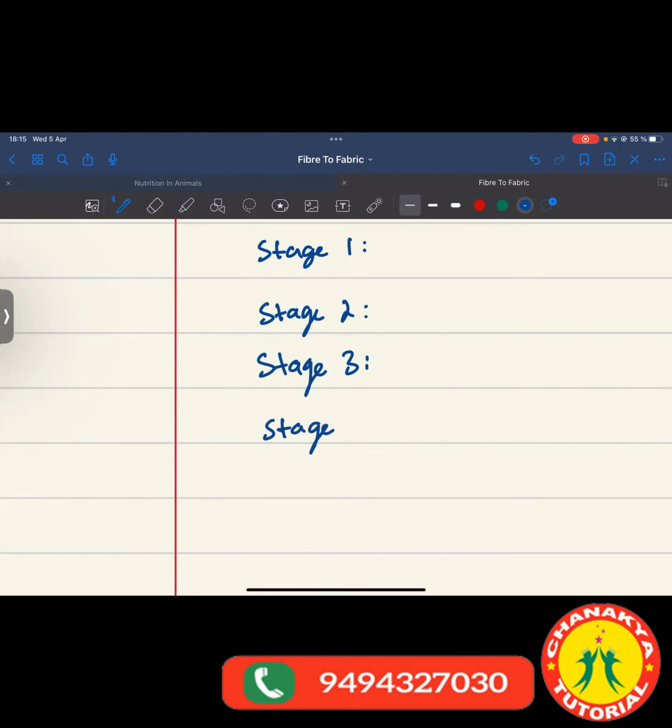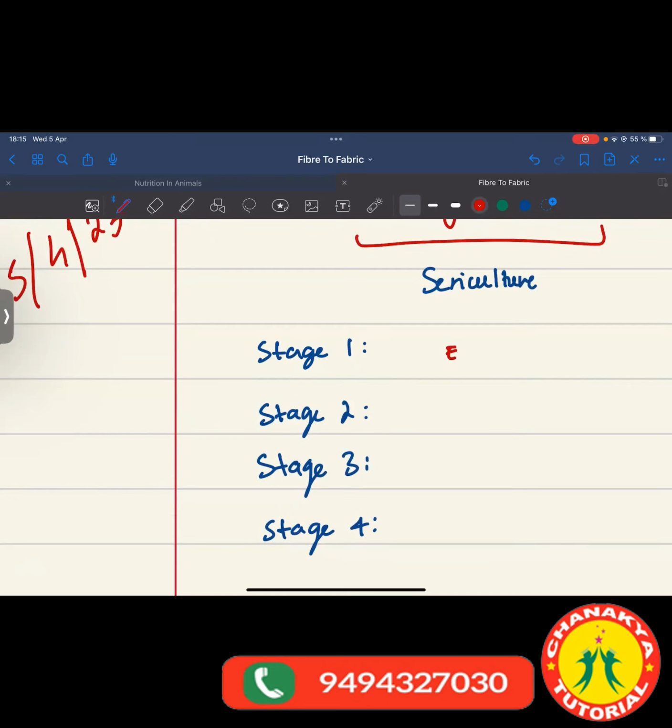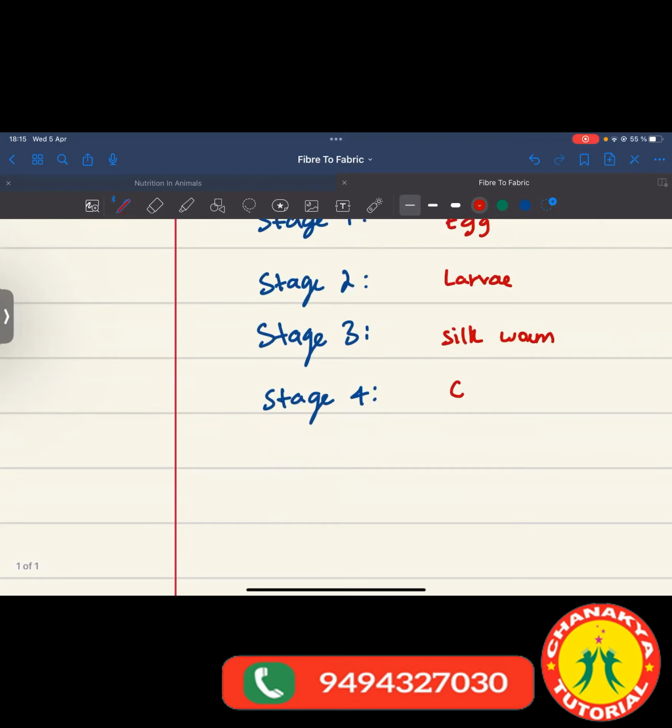Egg, very good. Larva. Silkworm. Cocoon, moth. Very good. Who said this? Ma'am, Ashwath. Very good, Ashwath. Star for you.